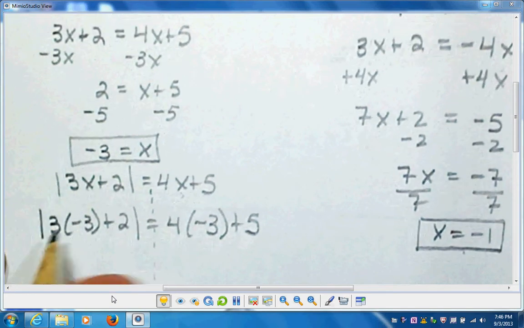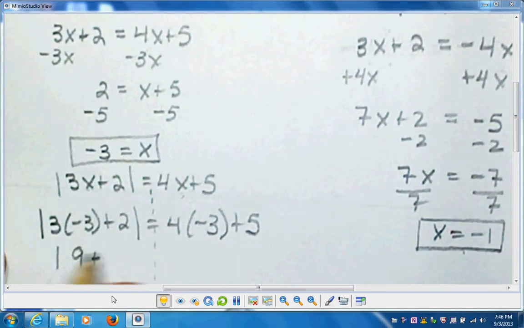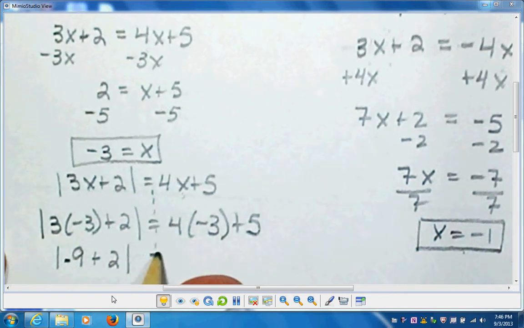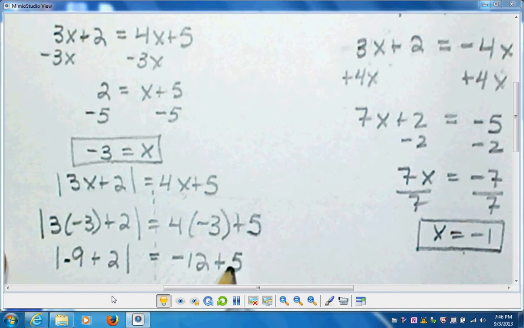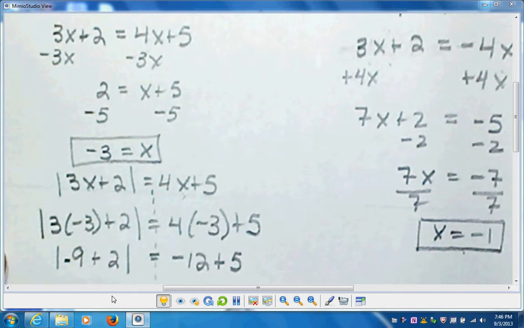So then this becomes the absolute value of negative 9 plus 2 should equal negative 12 plus 5. And this gives me the absolute value of negative 7. Does that equal negative 7?